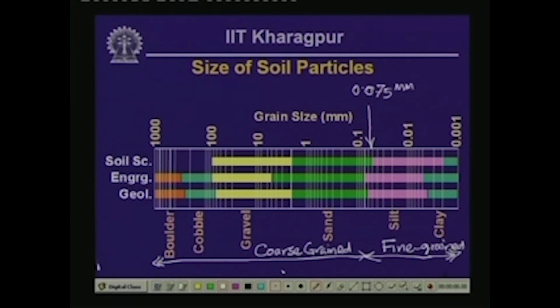So, types of coarse grained soils include boulders, which could be very large in dimension indeed, say about a meter across. Then if you go to a little bit smaller particle size, you could have cobbles. They are also several hundred millimeter in dimension. If you get finer still, you would end up with gravel size particles.